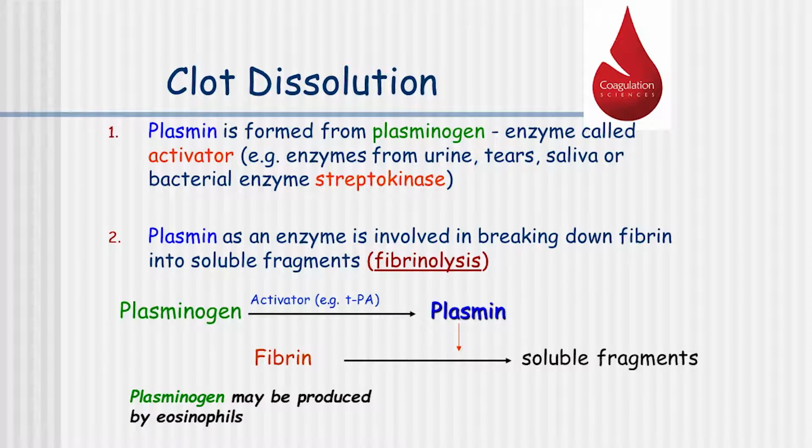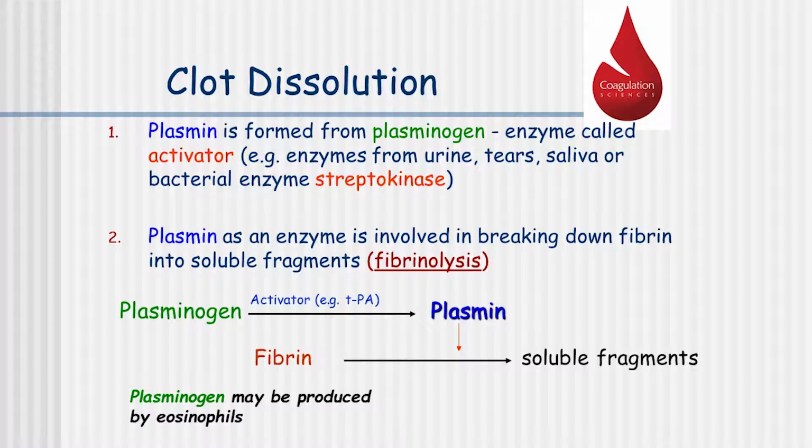We have the enzyme called streptokinase. And plasmin as an enzyme is involved in breaking down fibrin into soluble fragments, and the process is known as fibrinolysis. Plasminogen is converted by its activators to become plasmin, and the plasmin converts the fibrin into soluble fragments.